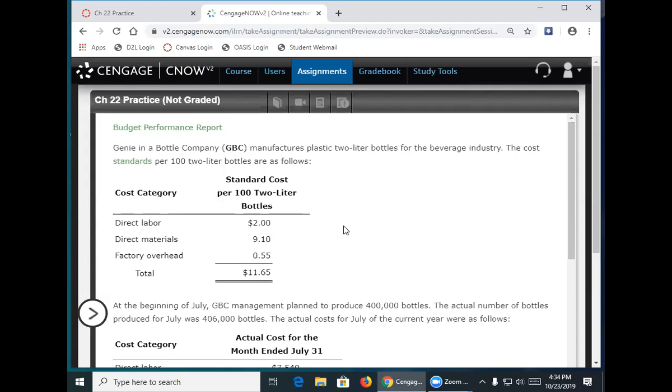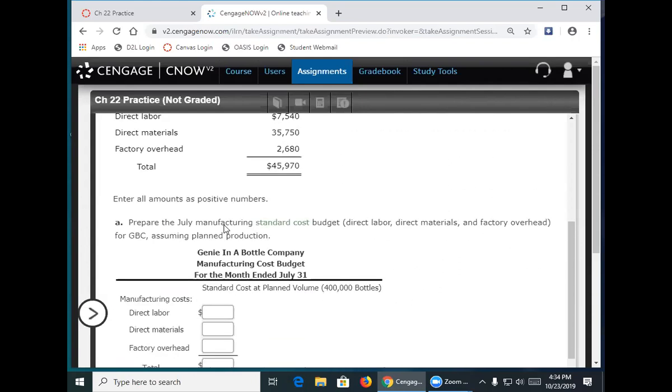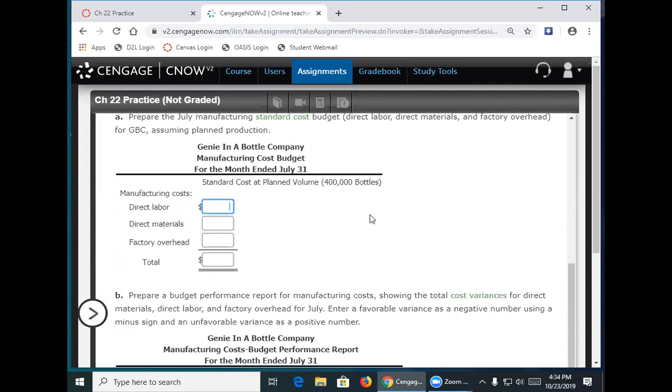So what would my direct labor be at 400,000? $8,000, good. So 2,000 times 4,000, basically. 8,000. How about materials?